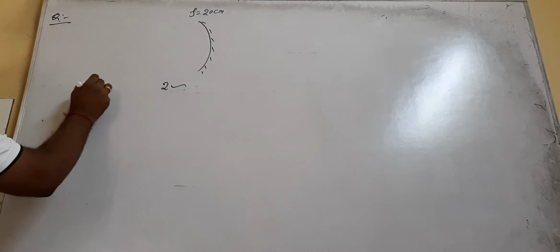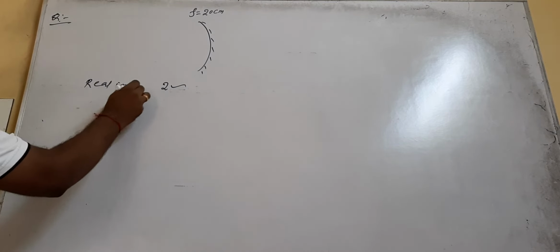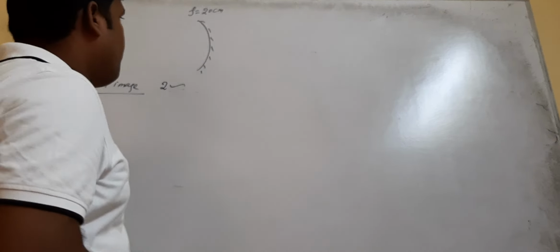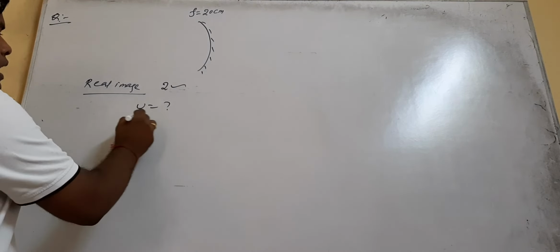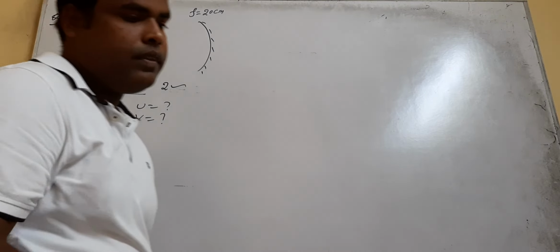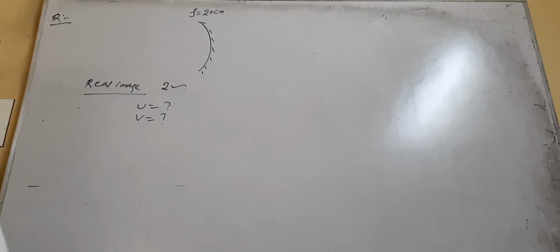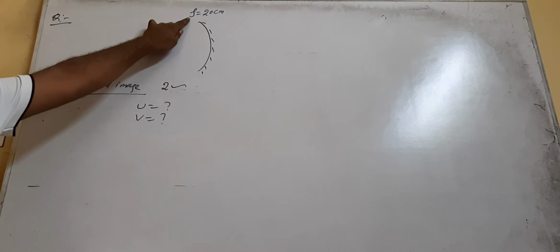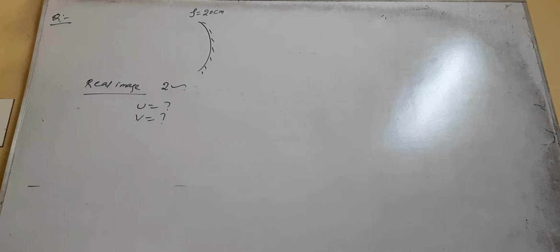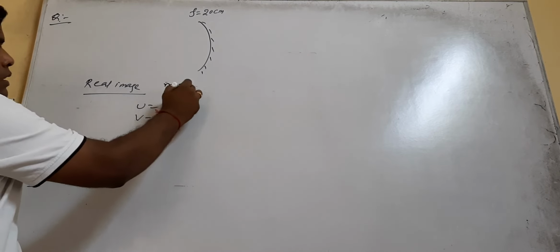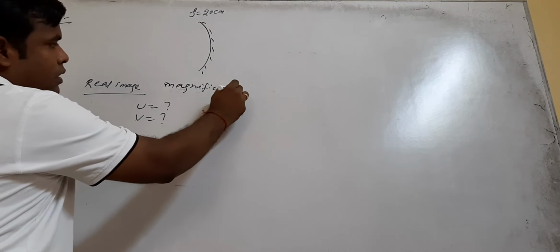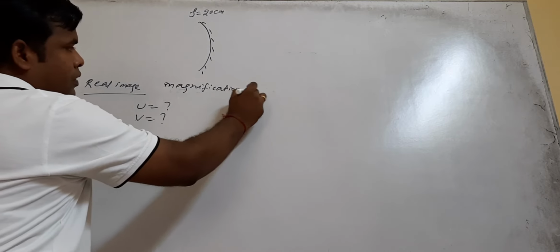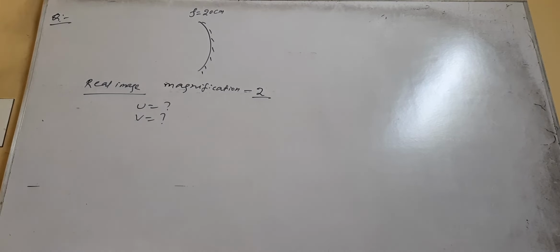Find the object distance and the image distance. Repeating the question: a concave mirror of focal length 20 centimeter produces a real image of magnification 2. Find the object distance and image distance.